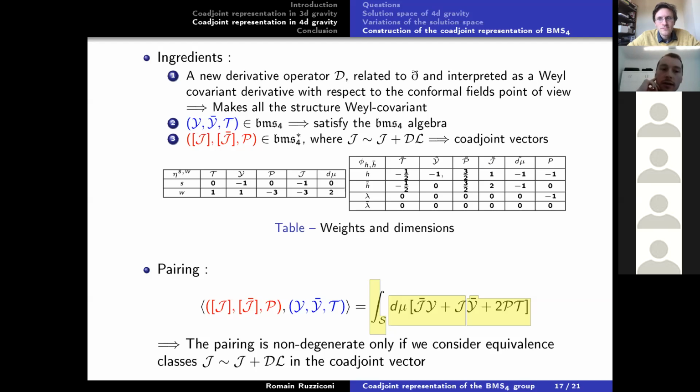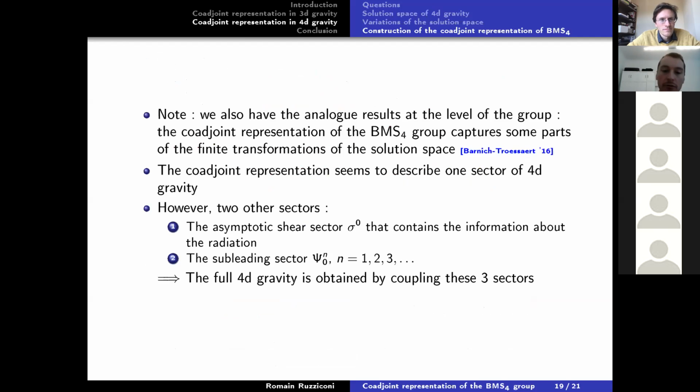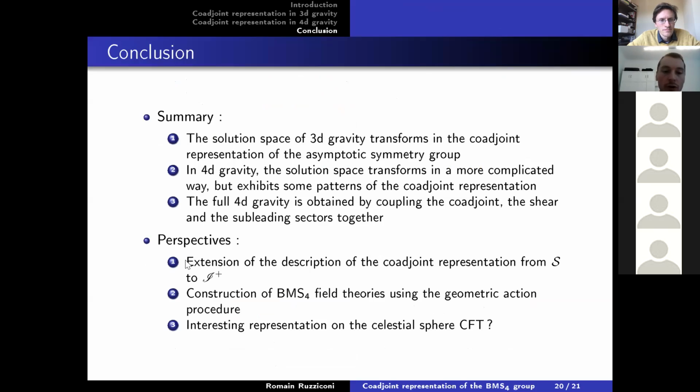I would say that we have, in a sense, the analog of the construction in AdS. That's actually part of the project on which we are working now, which is to extend all these results from the two-surface through the whole spacetime boundary. In this context, a Carrollian structure appears naturally.